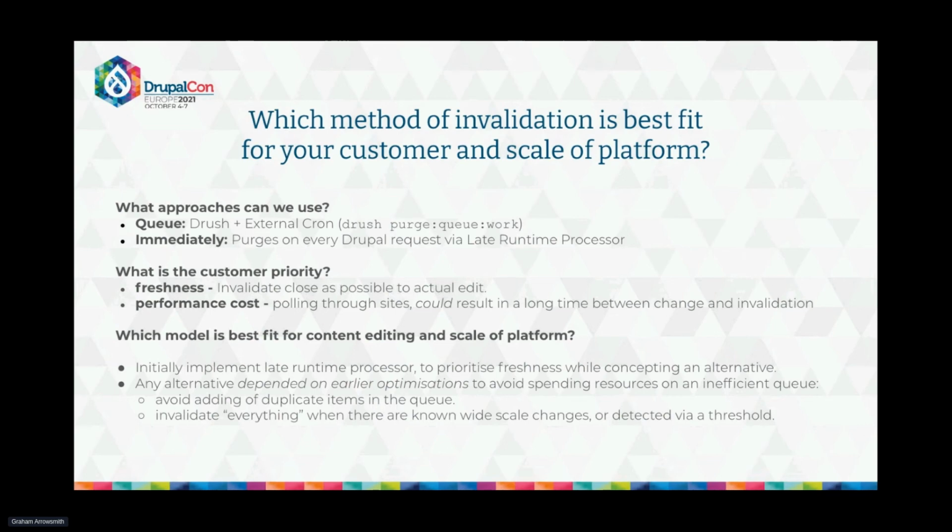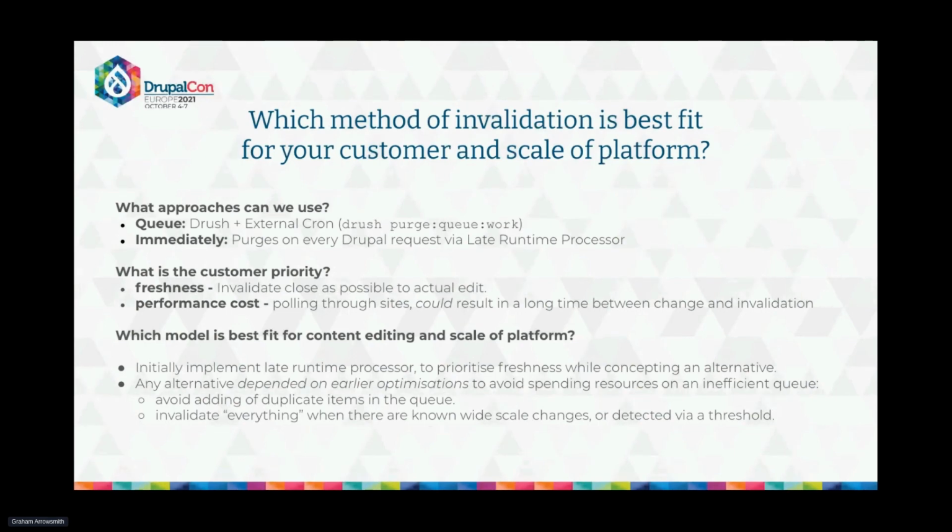In our case, the customer has upwards of 500 to 1,000 sites. So while we could look at a queuing system and have lots of threads and lots of workers, they would probably be spending a lot of their time polling and pinging sites that had no work to do. We went for the implementation to use the late runtime processor because it prioritized freshness while we were coming up with an alternative, more efficient technique.